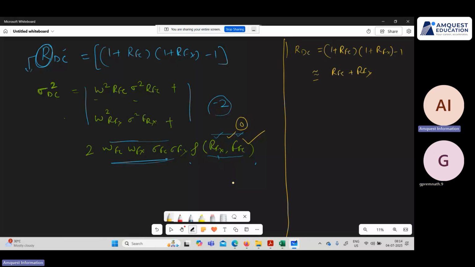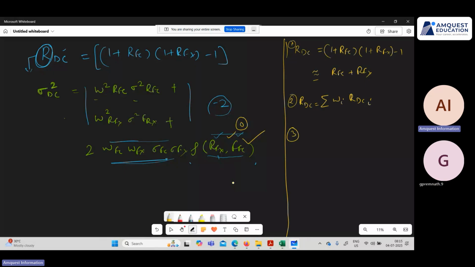And then we also studied that in case there are multiple weights, basically multiple exposures, since returns are additive, I can always do RDC is given by the sum of WI times RDCI. Then thirdly, we assume that the exposure is only to one of the countries, because if they give you exposure to multiple countries, then the correlation has to be given, which cannot be given in the CFA exam.